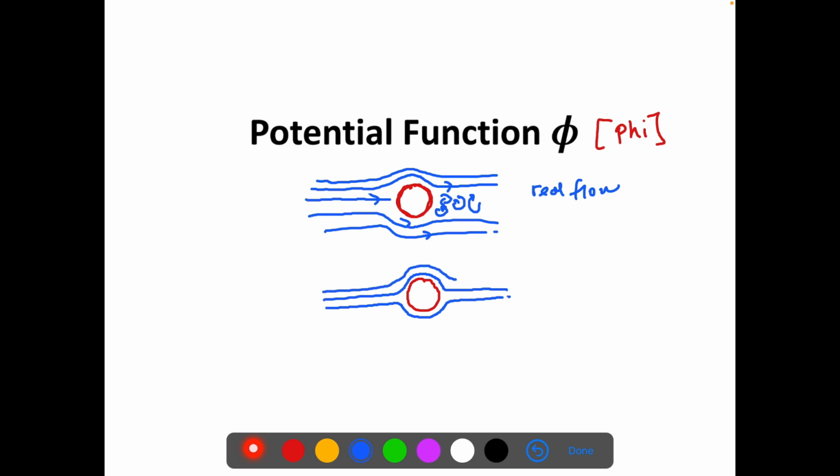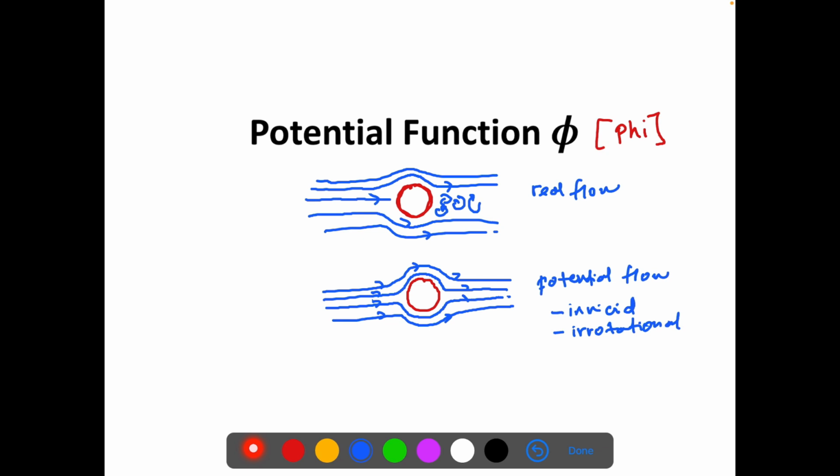It's a simple flow, neither vortex nor rotation. This one is potential flow, where the flow is inviscid and irrotational.